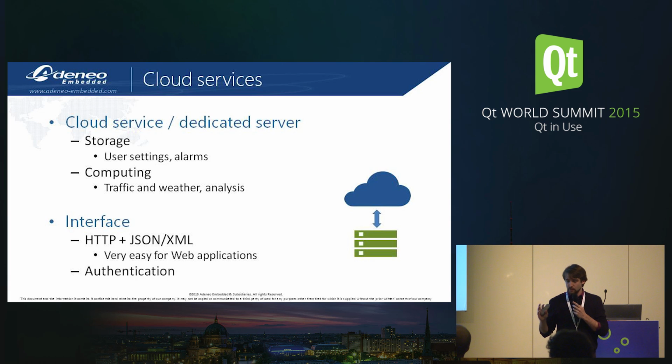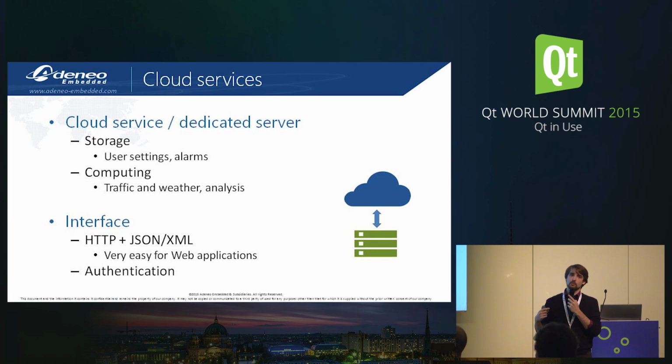And to accomplish that, you have different things, different terms. So you have the cloud services or dedicated server and two key elements, storage and computing. So when you try to accomplish that, if you buy cloud services, these two terms appear and can be mixed or bought separately. The cloud storage is, of course, only data.